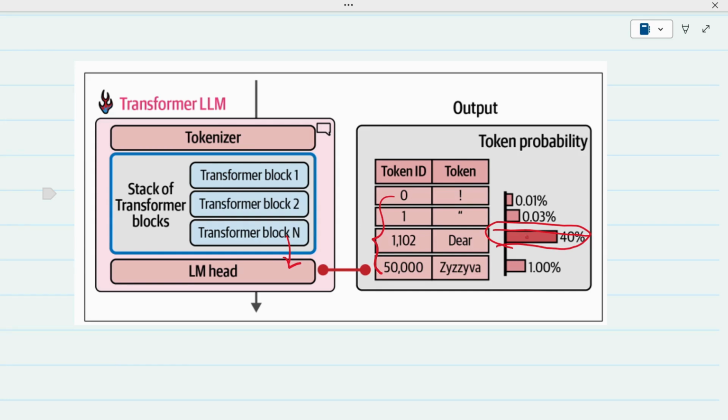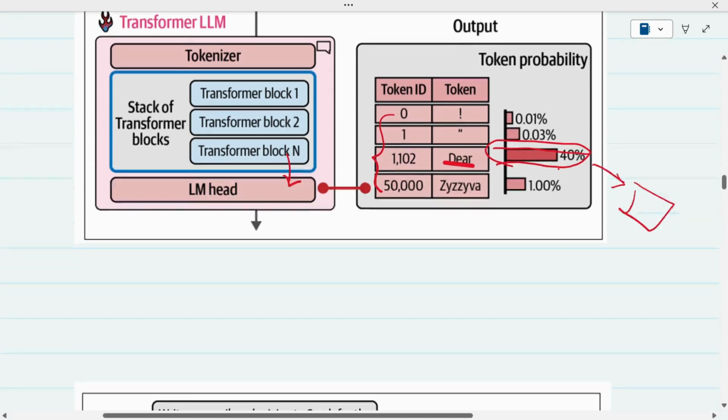It does not totally depend on taking the highest probability word, but for simple understanding, we are considering that the highest probability word will be selected and then rendered to the user screen. So this is the overview of the transformer architecture.